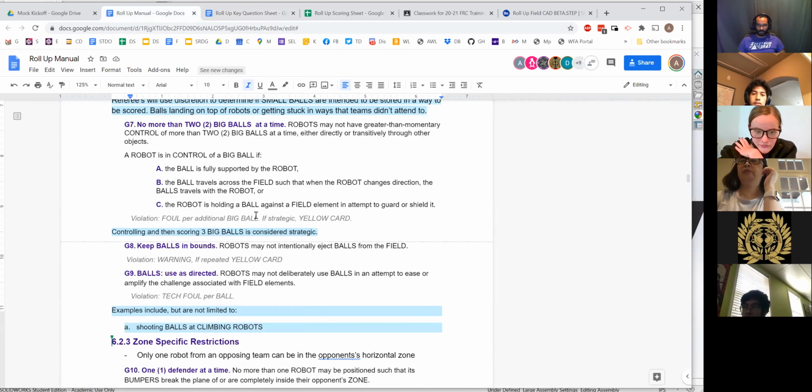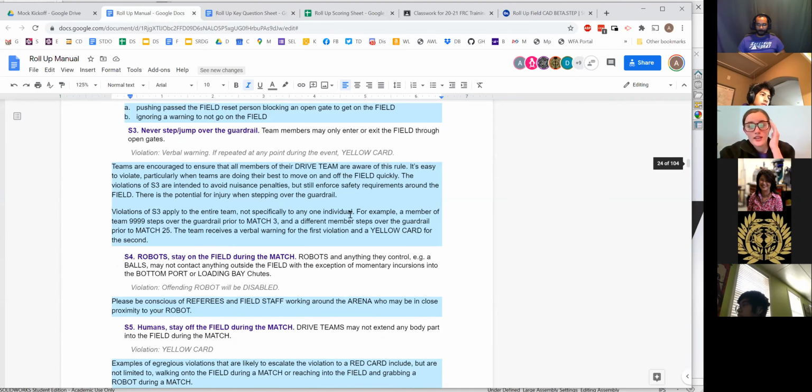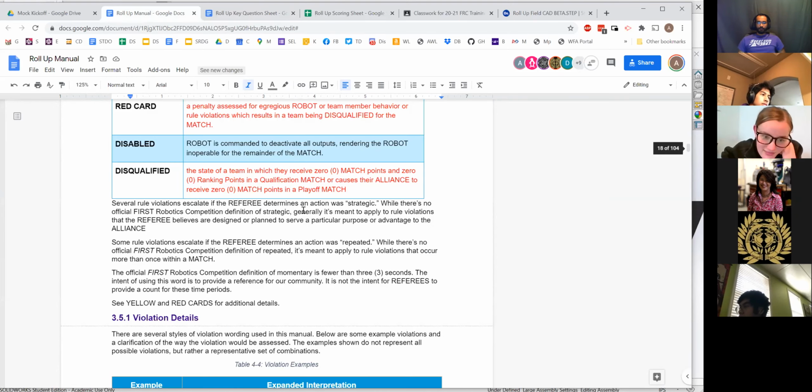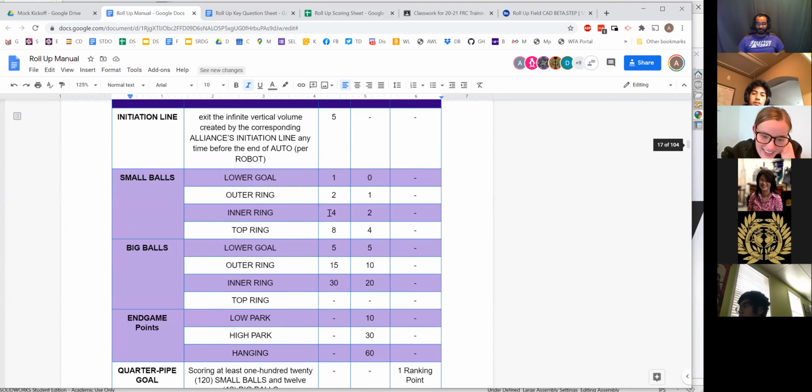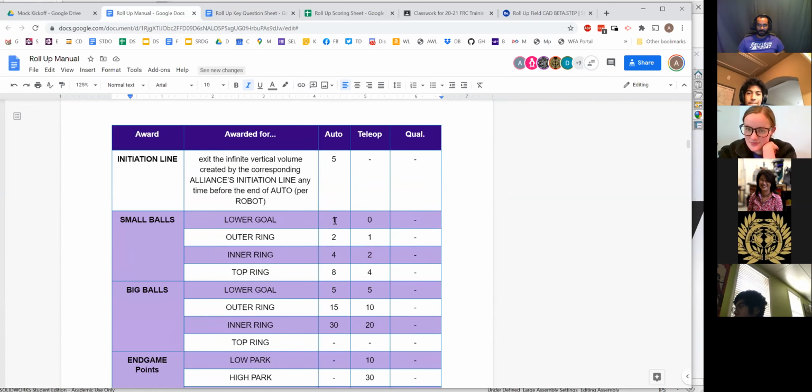So this is the time where we can discuss point values. This is definitely a little bit weird in this game, weirder than in any other game. Okay, so small balls first. During auto, the lower goal, which is basically missing all of the rings, is 1 point for a small ball.